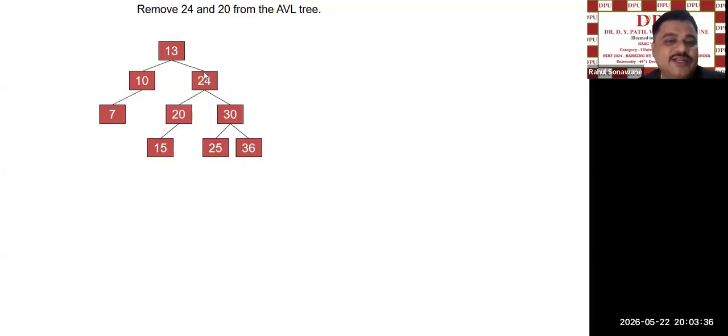Suppose first we have to delete 24. Let's say that we are going for the maximum value in the left subtree. So this is 24 and this is the left subtree of 24. Here we need to find the maximum in the left subtree. So max in the left is 20. So we can replace it with 24.